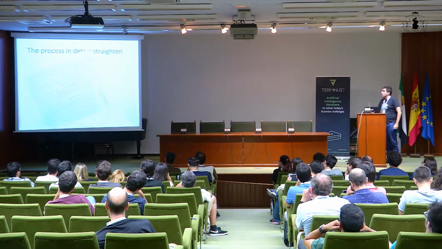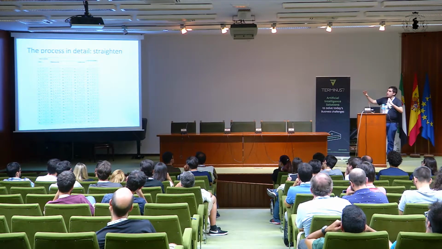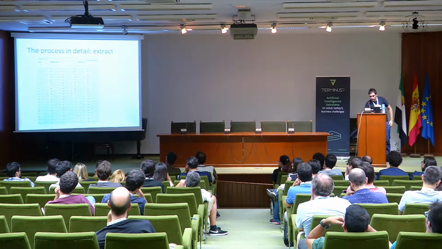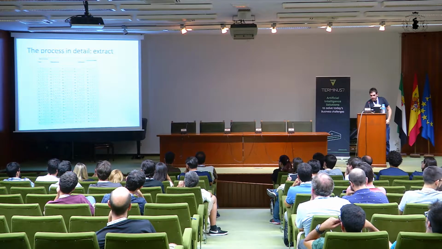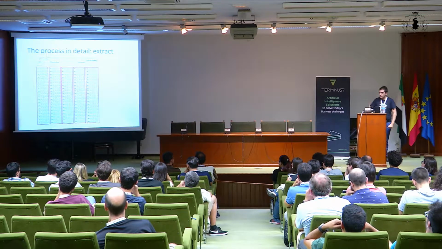So we get the exam upright, so we can operate with all the exams in the same position, and then we have to detect and extract the useful data, which are these columns.